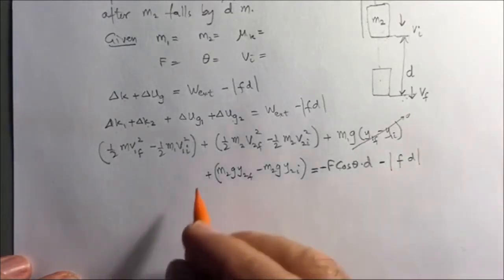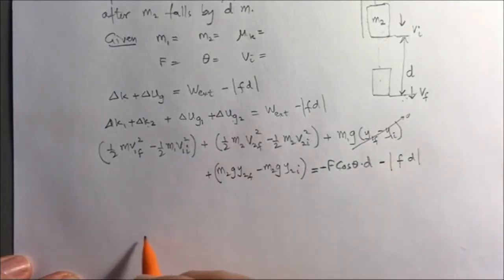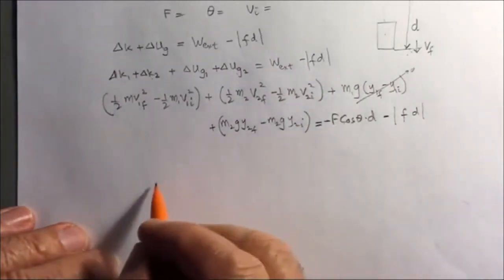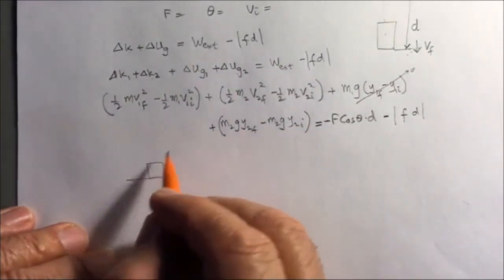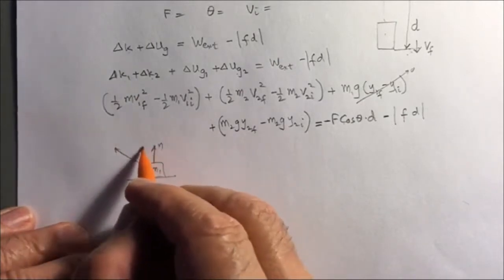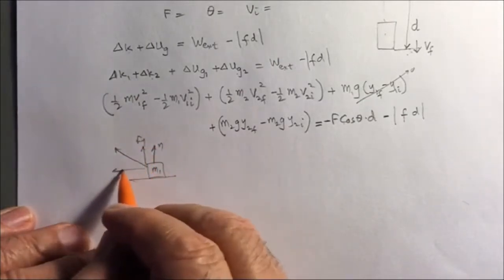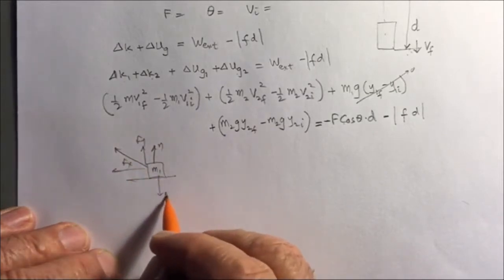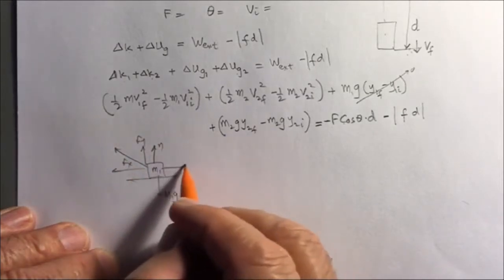But we need to get F, and we see that this is m1, we have a normal force, we have an F which will give us an Fy and an Fx, and we have an m1 g, and we have a tension pulling to the right.